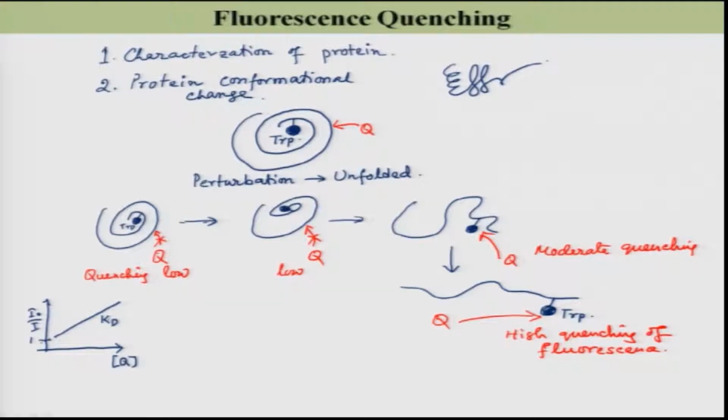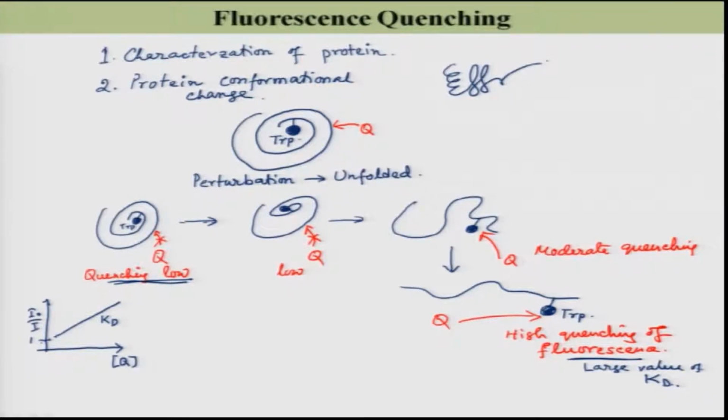So, Kd more means the quenching is more. For the case where the quenching is low, I will get a low value of Kd, and as I go in this direction, the Kd value will be larger and larger.